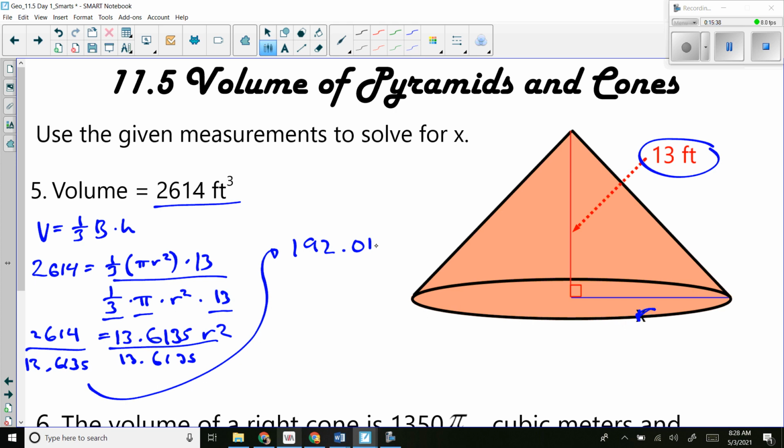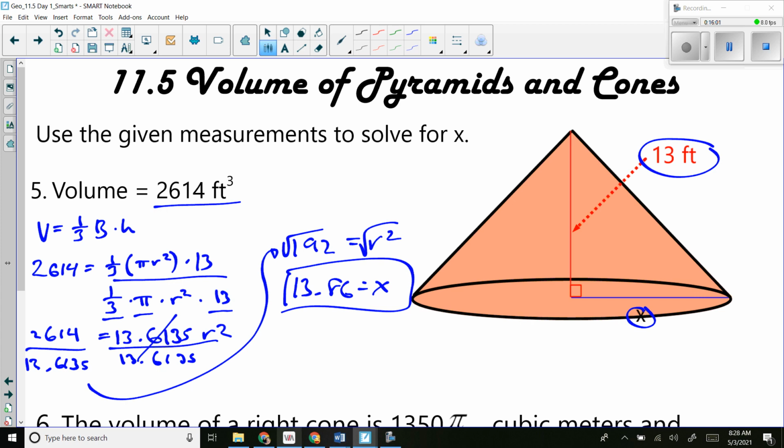Okay, let's just call it 192 for simplicity's sake. And this equals, everything cancels on the other side except for r squared. So now I can just take the square root of that. The square root of this is going to give me 13.86. So 13.86 equals r, or x if you left it like that. Either way, 13.86 is your answer.